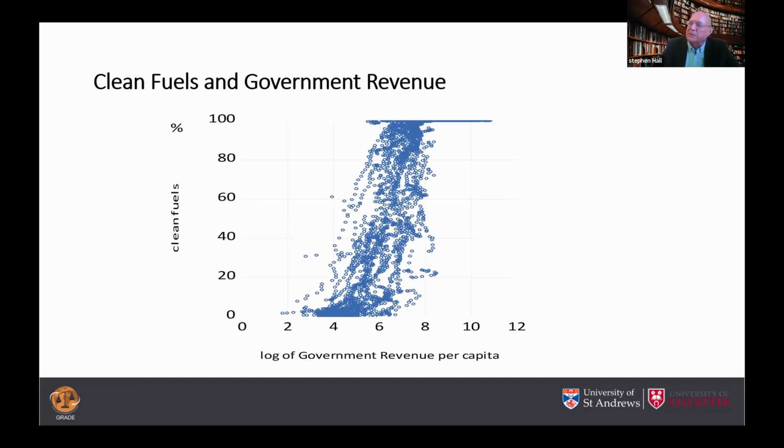This is looking at the relationship between clean fuels and government revenue. You can see clearly there's a lower bound of zero where countries don't use any clean fuels at all. As development increases and as government revenue increases, you reach a fairly rapid rising period. And then when you're at 100% of clean fuel use, you reach a plateau at the top.